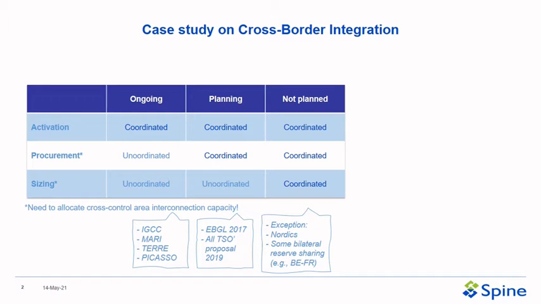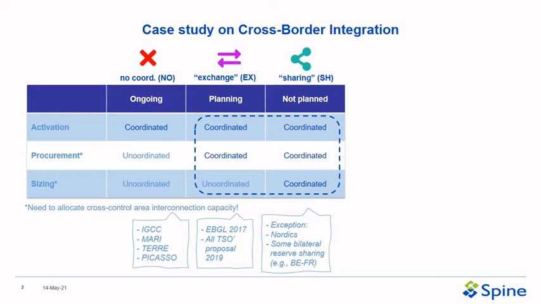First stage of coordination would be the coordinated activation of balancing energy, then the coordinated procurement of balancing capacity, and last but not least, the coordinated sizing of balancing capacity. And these latter two forms of coordination and the combination of those were the particular focus of this case study.